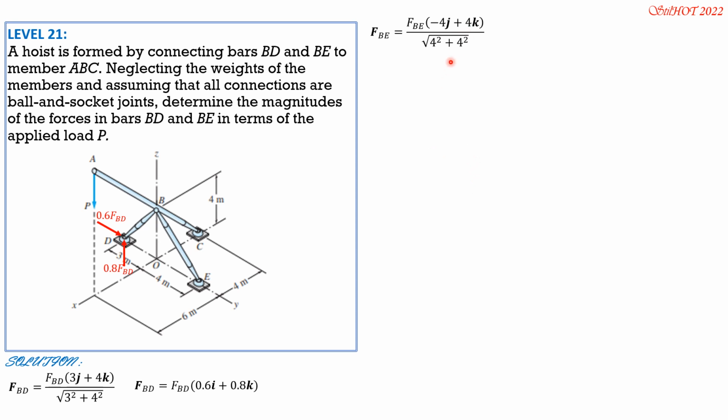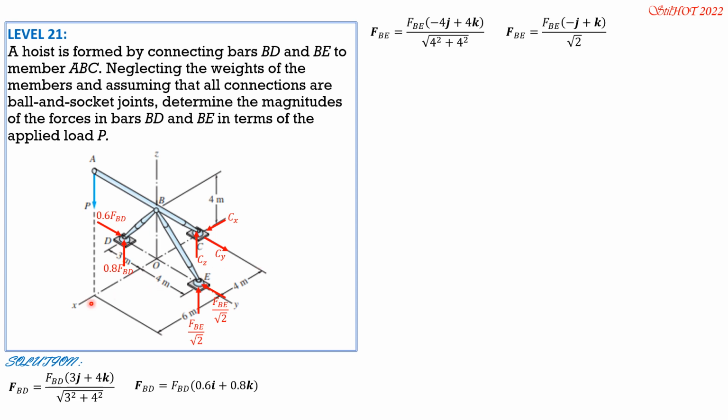So it is magnitude of FBE over square root of 2 times quantity negative J plus K. And let's transmit it at E as shown, so leftward and upward. Then at C we have CX, CY, and CZ because it is a ball and socket joint.